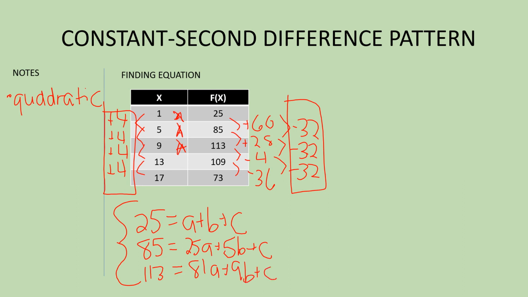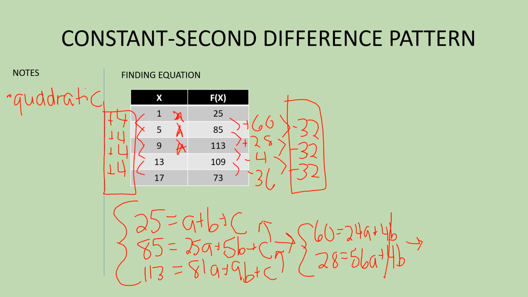We, of course, want to get rid of the c's, so we are going to subtract these equations from each other, and we are going to get a new set: 60 equals 24a plus 4b, and 28 equals 56a plus 4b. Now this is nice because we have the same number for the coefficient of b, therefore those cancel when we subtract, and we are going to get negative 32 equals 32a.